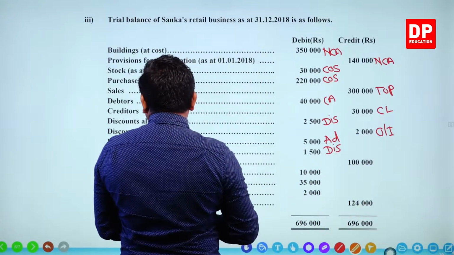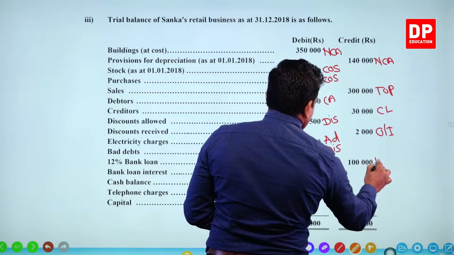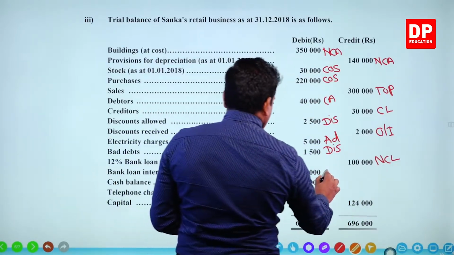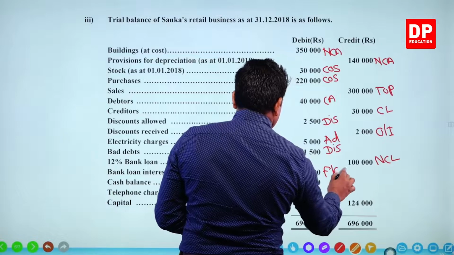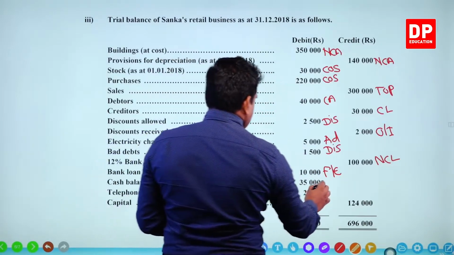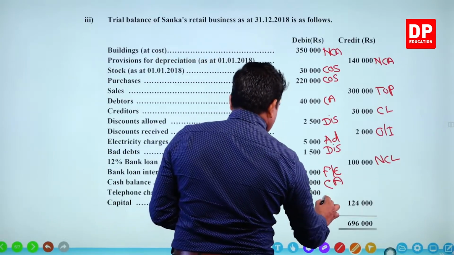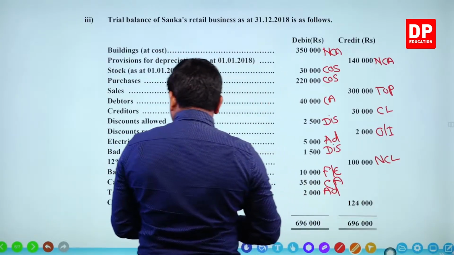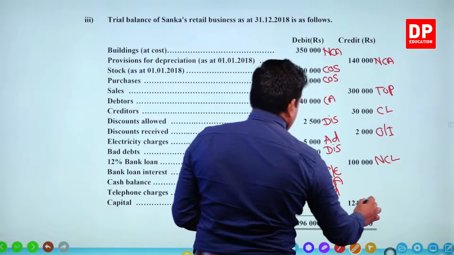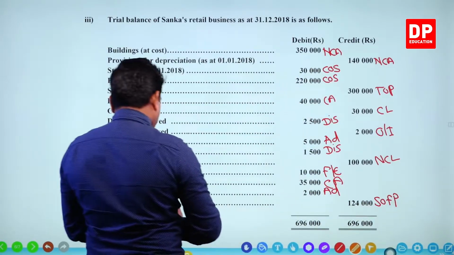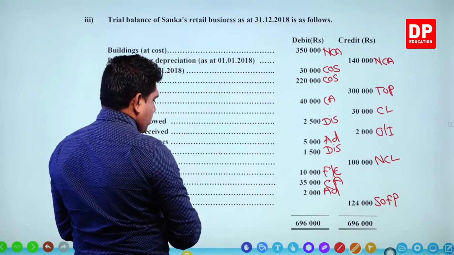Bank loan, non-current liability. Then bank loan interest, financial expense. Cash balance, current assets. Telephone charges, administration expense. Capital, SOFP, statement of financial position, right?